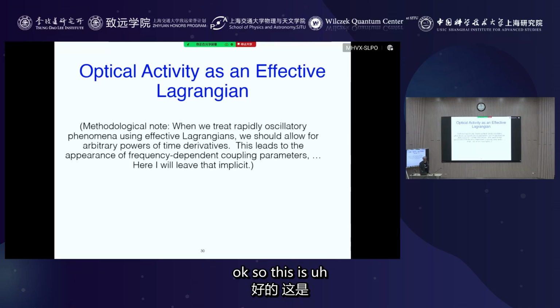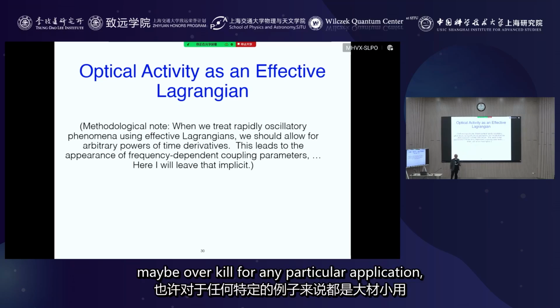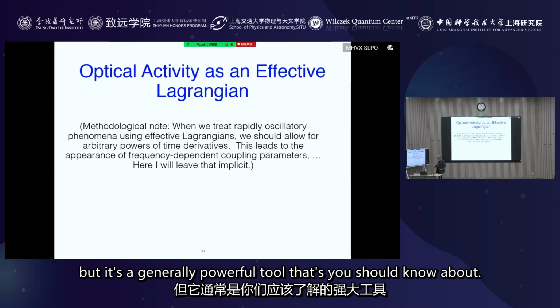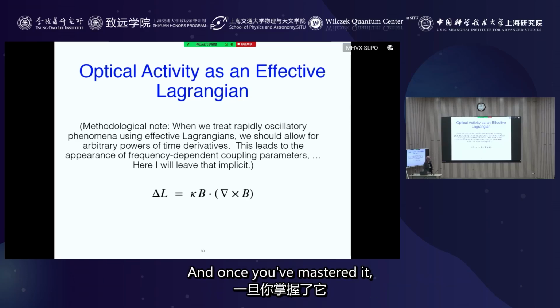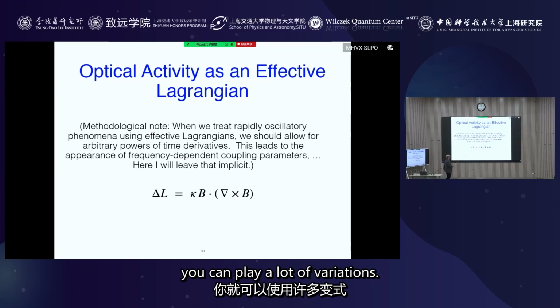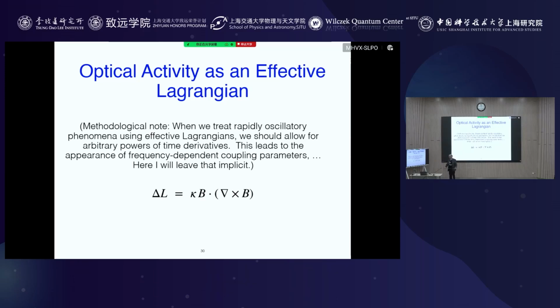So this is maybe overkill for any particular application, but it's a generally powerful tool that you should know about. And it's a very good tool for thinking about new situations. And once you've mastered it, you can play a lot of variations.